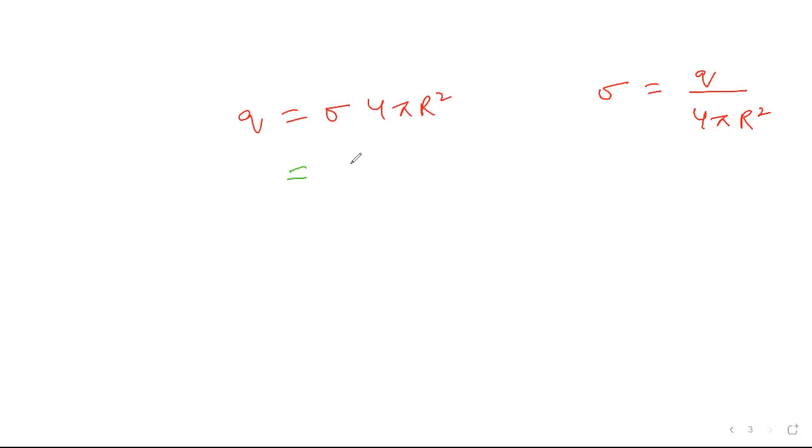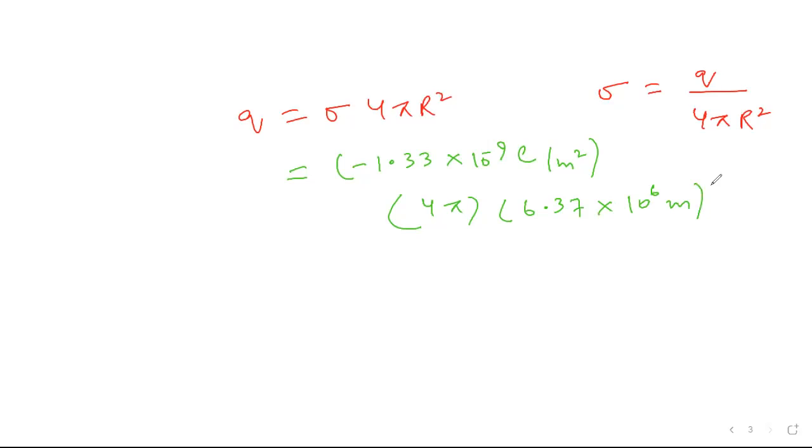Sigma we have calculated is minus 1.33 into 10 raised power minus 9 coulomb per meter square, times 4 pi, times the radius of Earth squared, where r, the radius of Earth, is 6.37 into 10 raised power 6 meter.